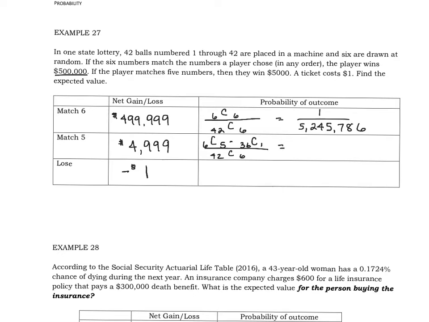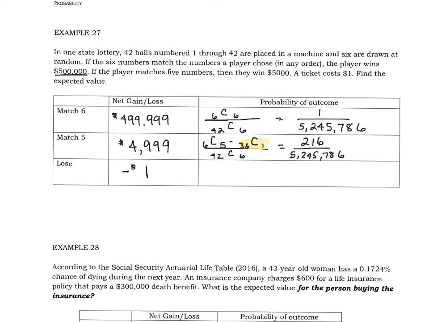So 6C5 times 36C1 gives us 216 over the 5,245,786. And I just want to point out that it would certainly have been fine if you just put 36 right here, because it still gives you the same thing. 36C1 is exactly the same as 36.